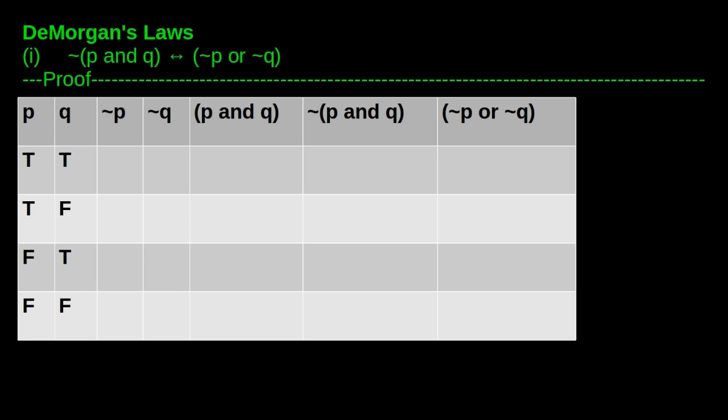And what we're going to do is fill out the other boxes based on these combinations of the truth values of P and Q. So now we've computed the values of not P and not Q for all the combinations of the truth values of P and Q. How do we do it?